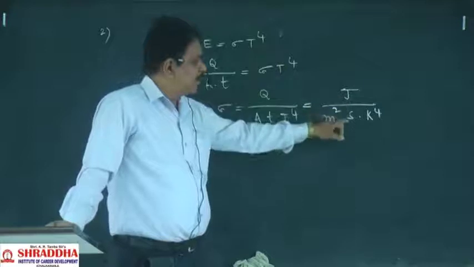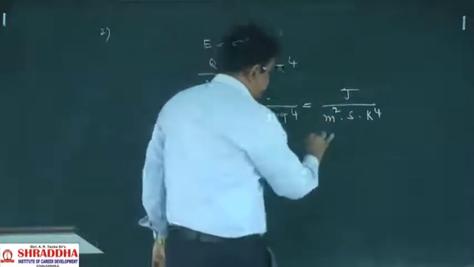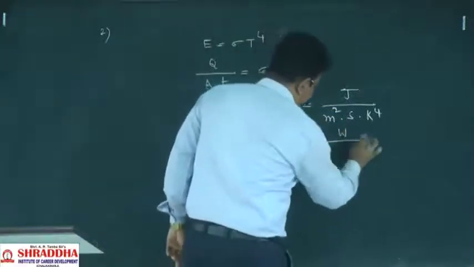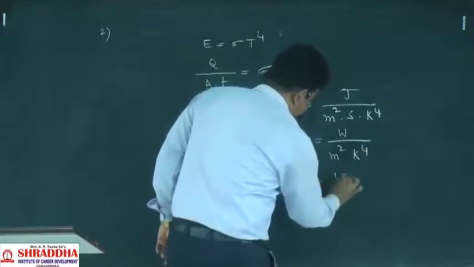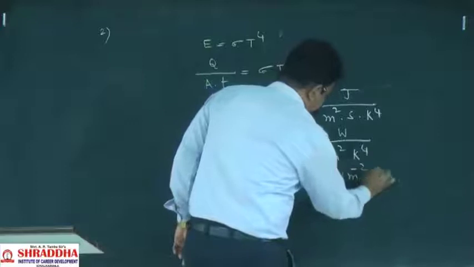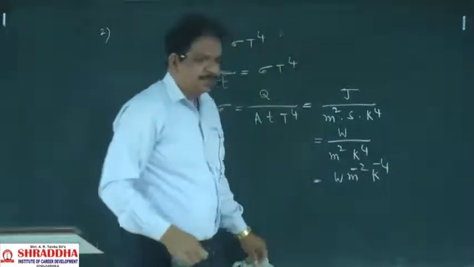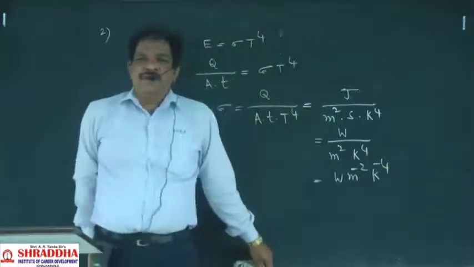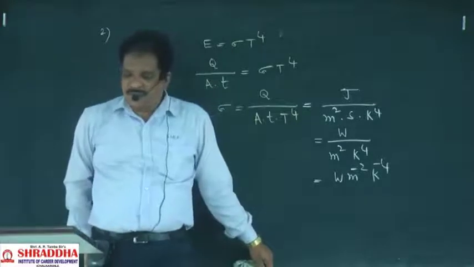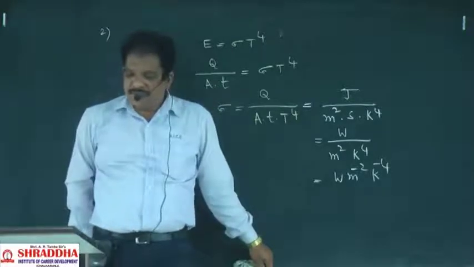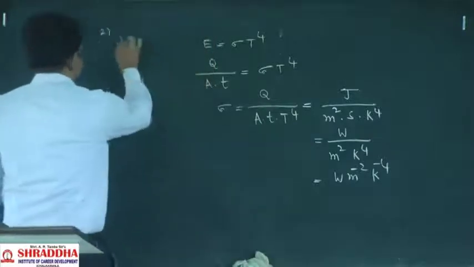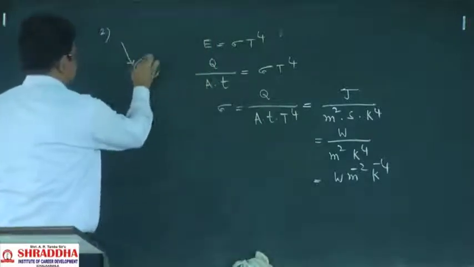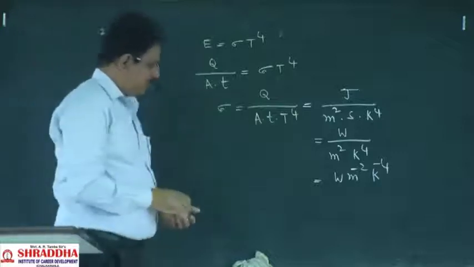Joule per second will be watt. So watt, meter power minus 2, K power minus 4. That will be the answer there. So second, it will be C. Okay. Next.